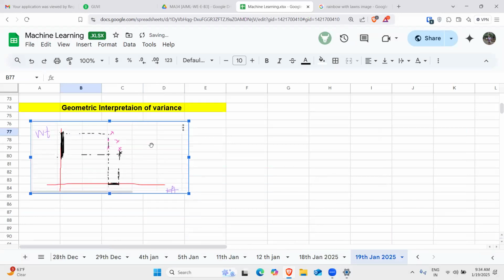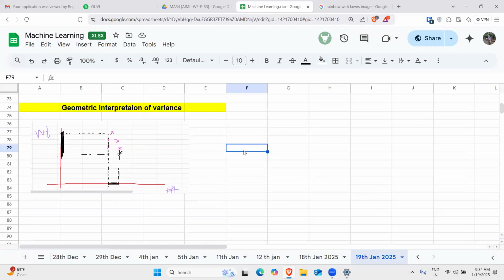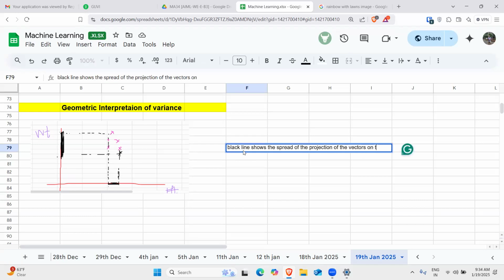So the black line on the height and weight axis shows the spread of the projections of the vectors on those axes.